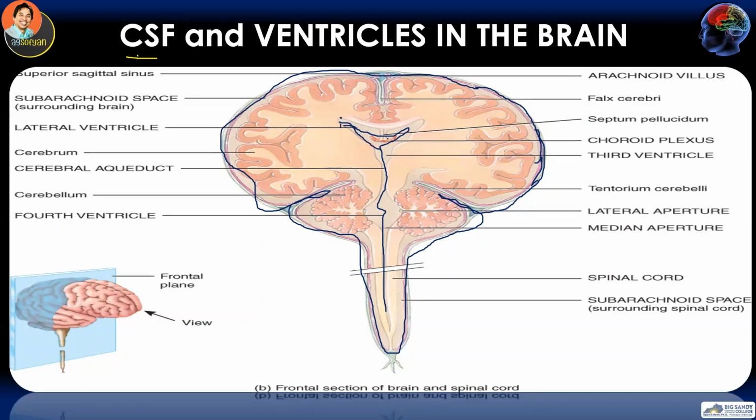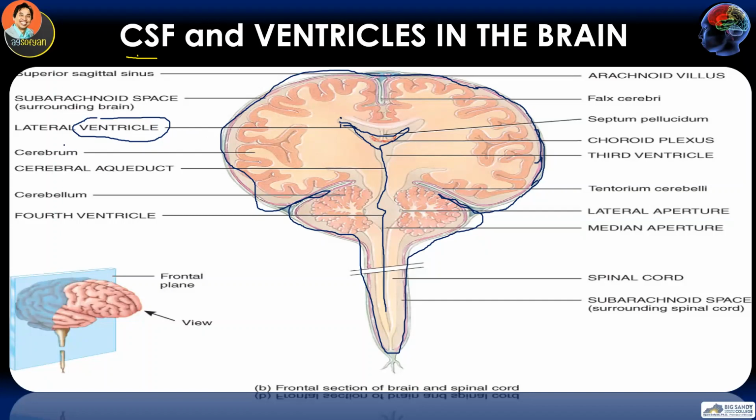The one inside the brain is located in places called the ventricles. Ventricles are spaces inside the brain that contain the CSF. There are 4 ventricles in the brain.